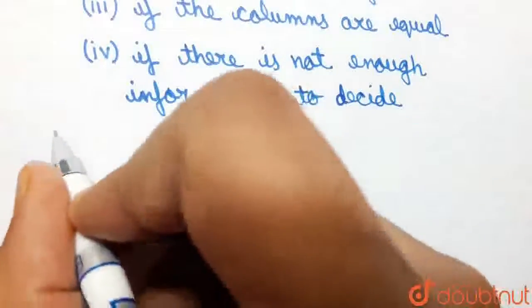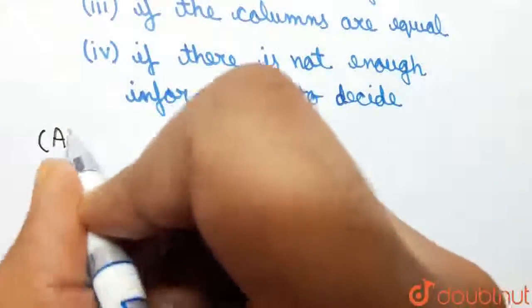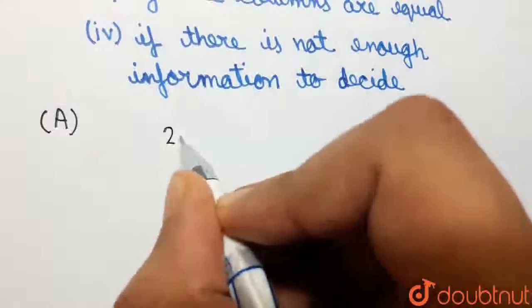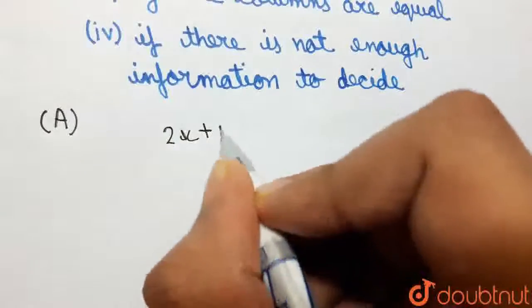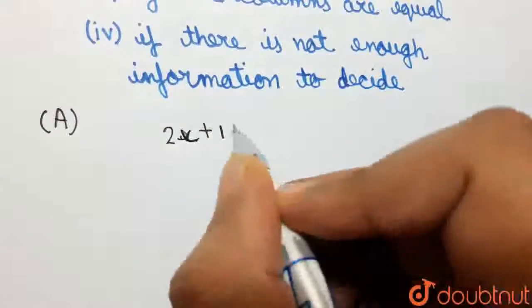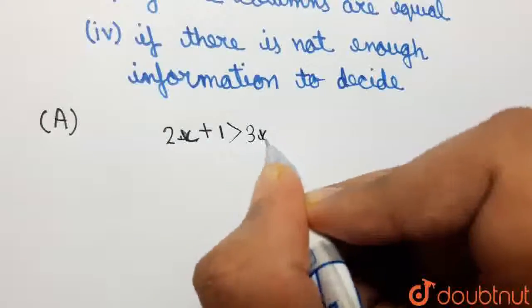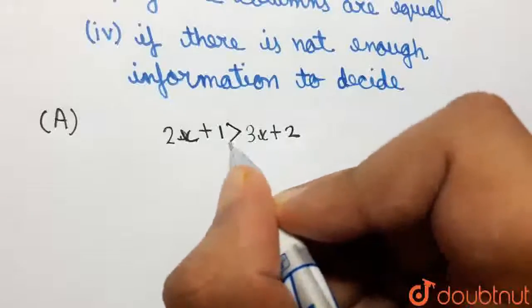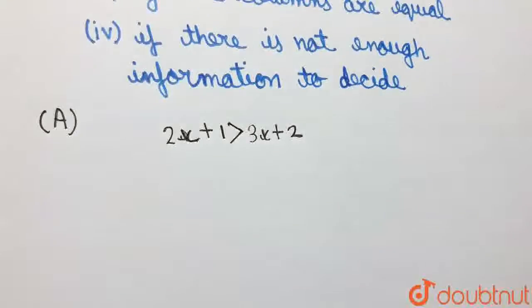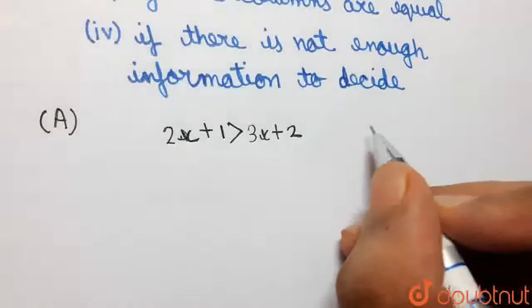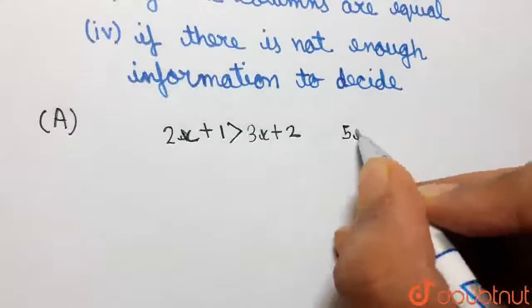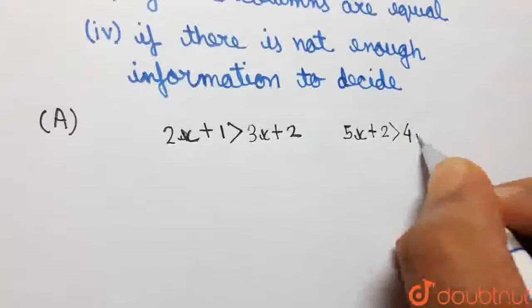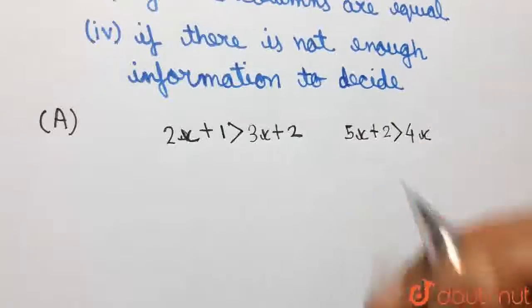The first inequation is 2x plus 1 is greater than 3x plus 2, and the second inequation is 5x plus 2 greater than 4x.